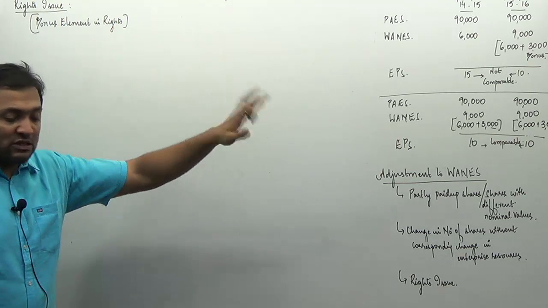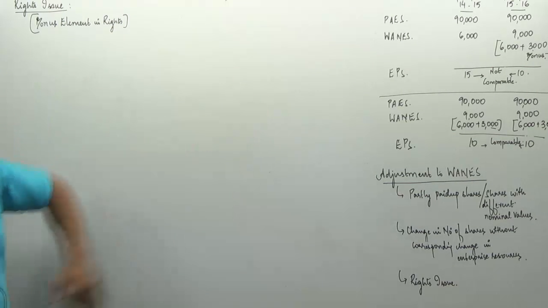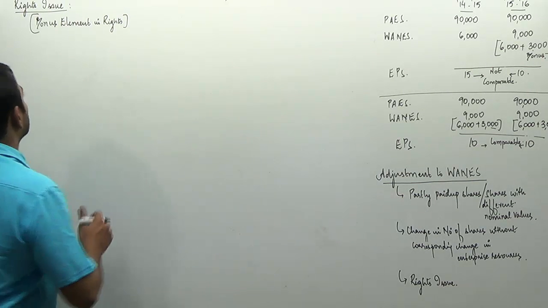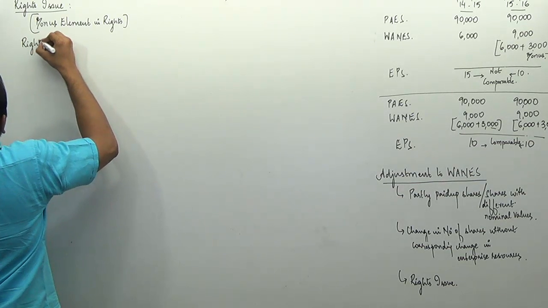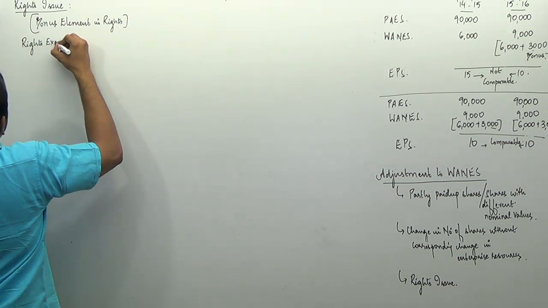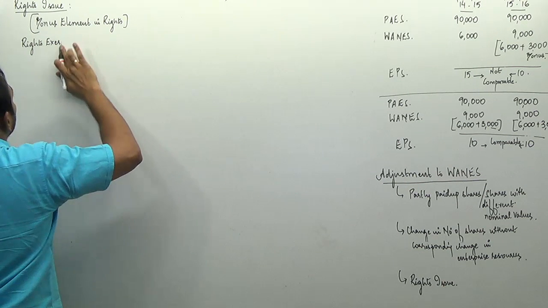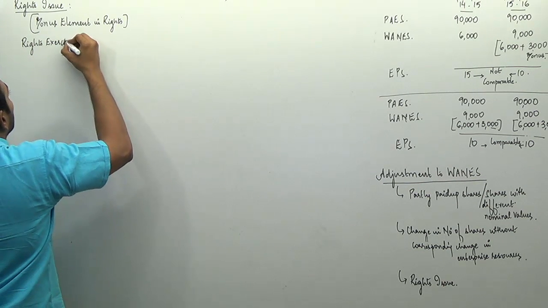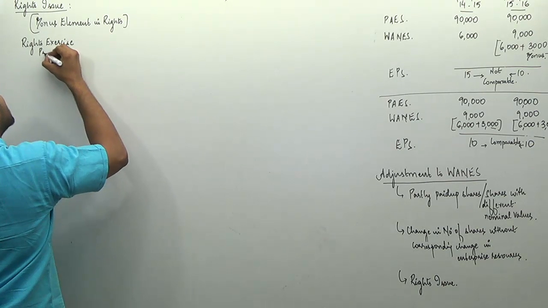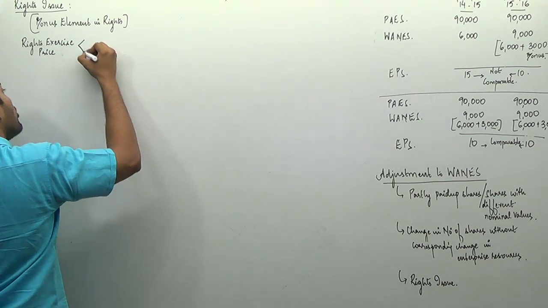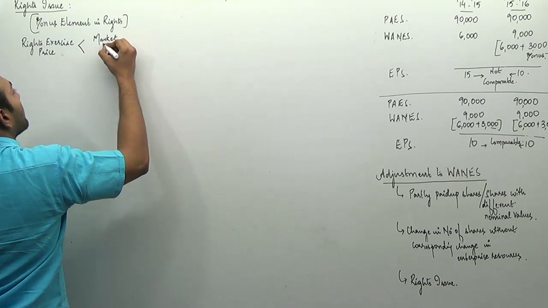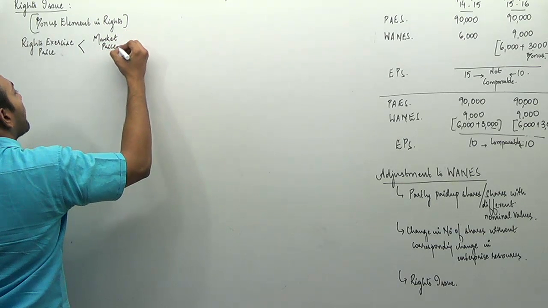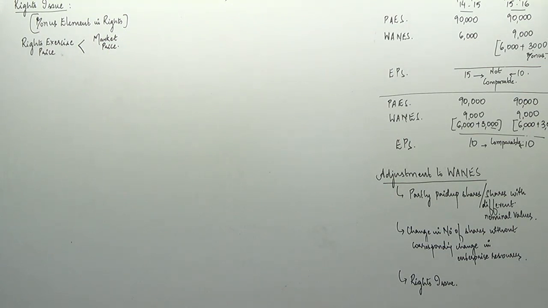This is not the way you solve the problems on rights issue, but still, to understand the logic, I'm putting it up like this. We know always that the rights exercise price is always less than market price. And this is compulsory. Otherwise, there is no point of issuing a right as well.